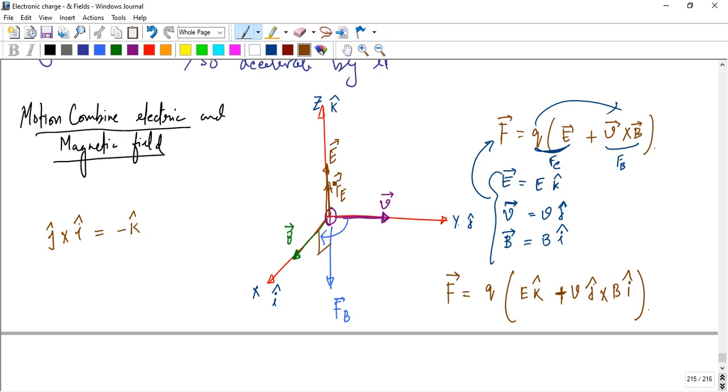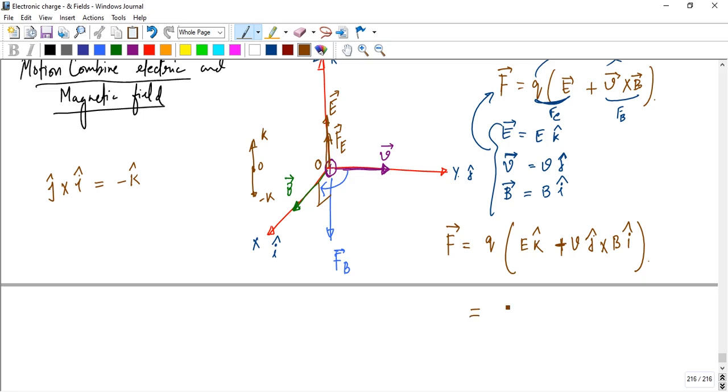Plus K is upward from the origin O, and downward is minus K. So finally we get Q E K cap minus Q V B K cap.